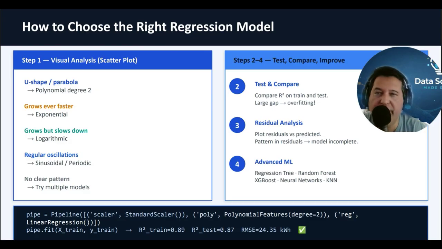Finally, advanced machine learning. If none of this works, you can move on to advanced machine learning algorithms like random forests or neural networks. In the code below, you can see how Scikit-Learn pipelines make applying and evaluating these models extremely clean and effective.